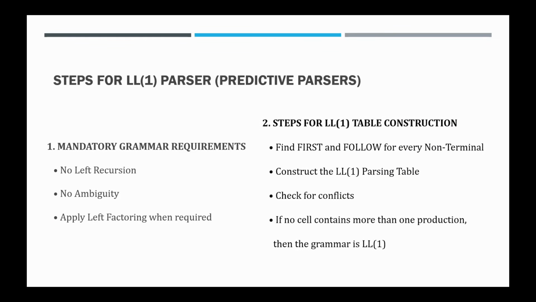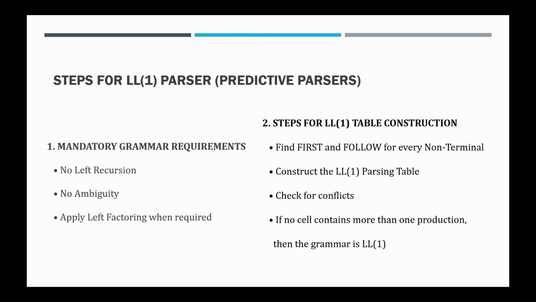Now we will see the steps for constructing the predictive parser. First, as we discussed, the mandatory grammar requirements: no left recursion, no ambiguity, apply left factoring whenever required. And here are the steps to construct the LL1 parsing table. First, we find the first and follow sets for every non-terminal symbol in the production.